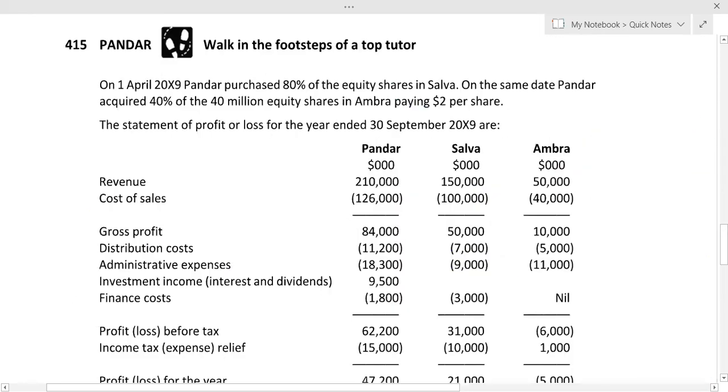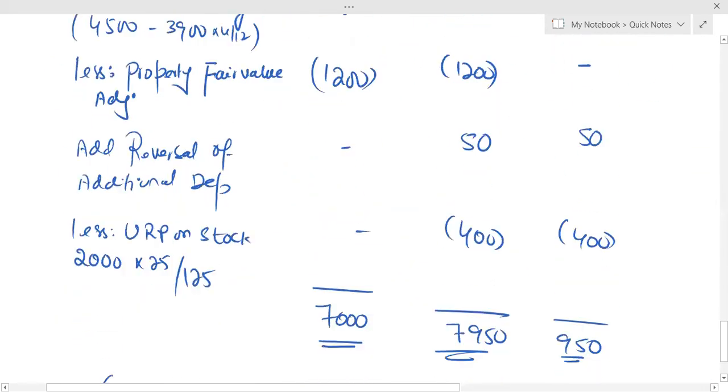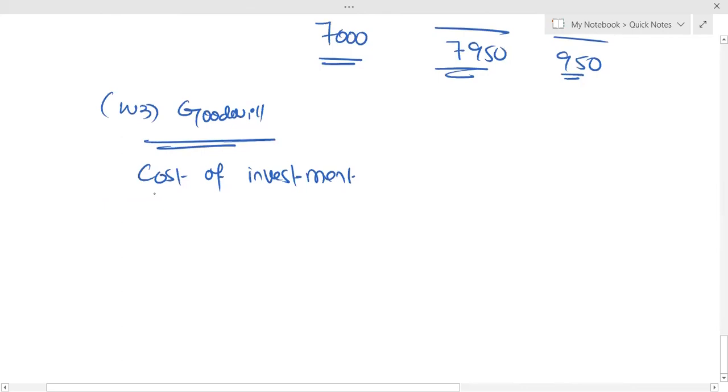Let's come here. So shares: the subsidiary's number of shares are 5,000. Parent has acquired 80% of that, 3 by 5, into $5 because the parent's share price at acquisition is $5.